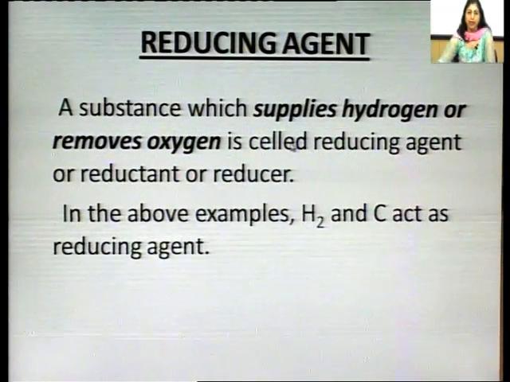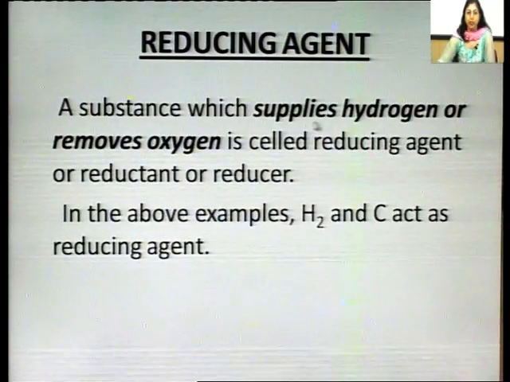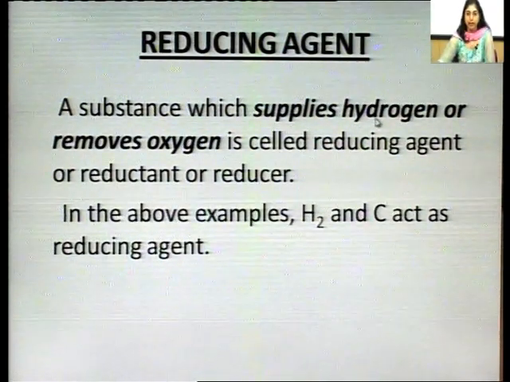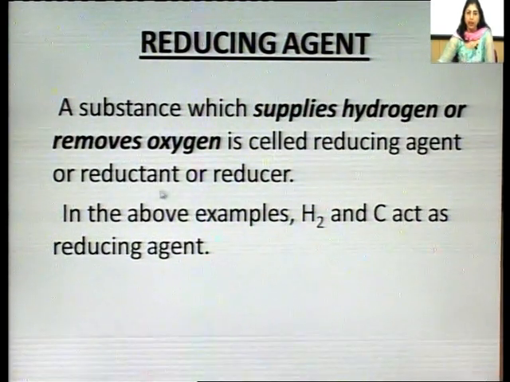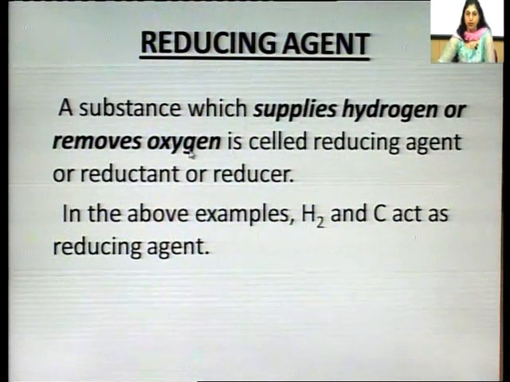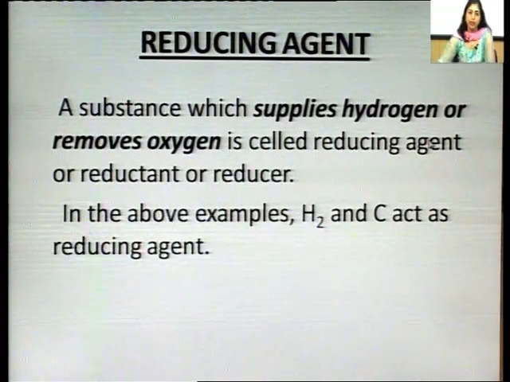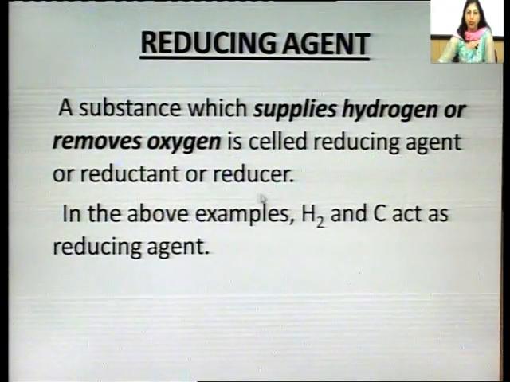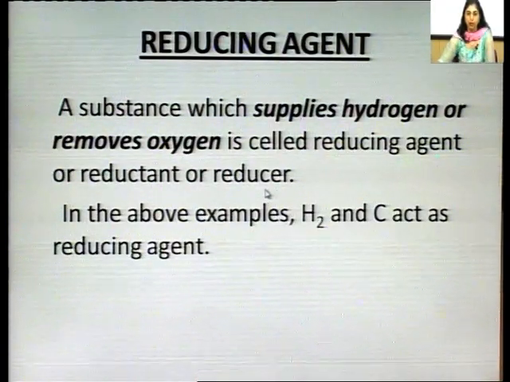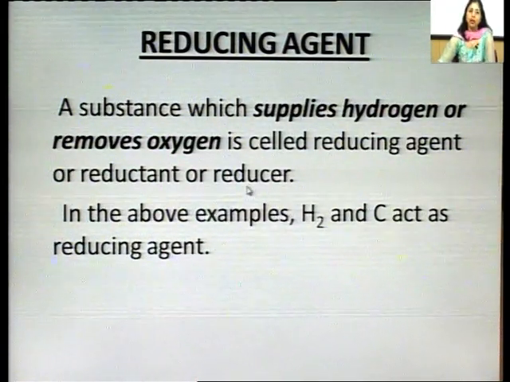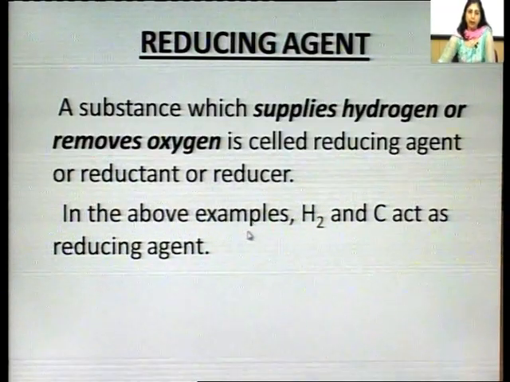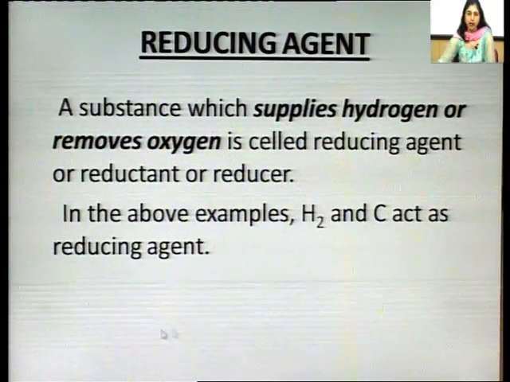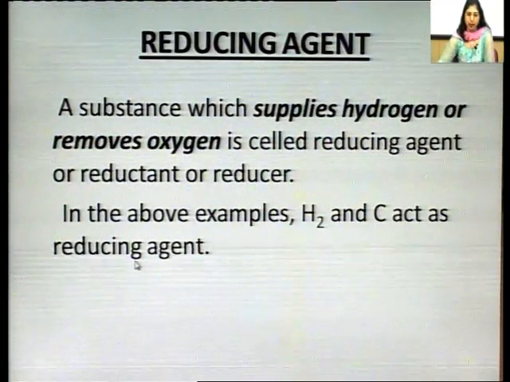This reducing agent is also called reductant, or sometimes it is also known as reducer. In the above examples, H2, that is hydrogen, and carbon act as reducing agents.